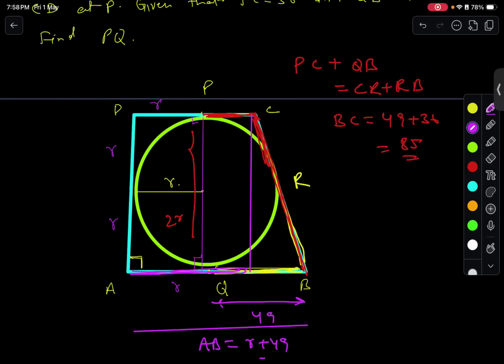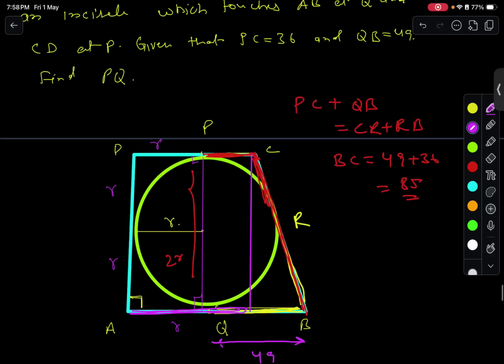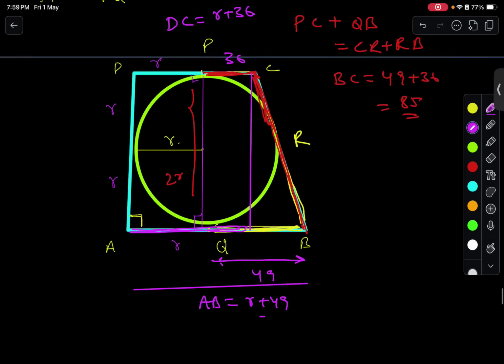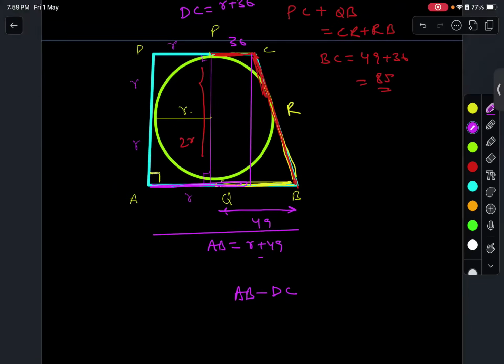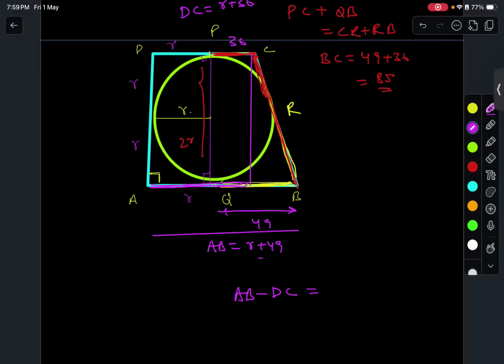And this is 36, this DC length is r plus 36. If I subtract AB minus DC, this is coming as r plus 49 minus r plus 36. This is 13.